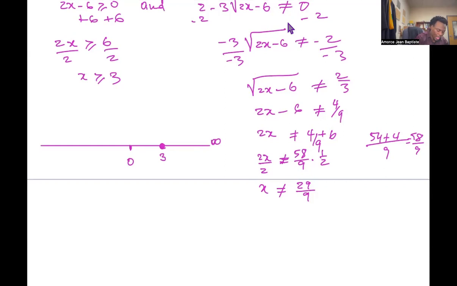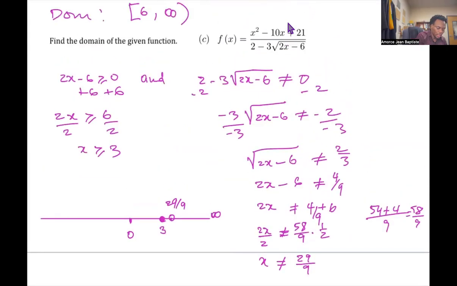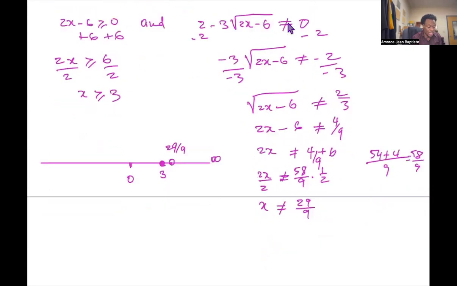So it will be somewhere after the 3, 29/9, which we want to exclude, because it would mess up the denominator. If x equals 29/9, it will make the whole denominator equal 0, which we don't want to happen.